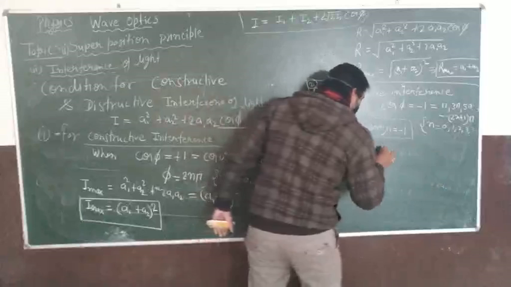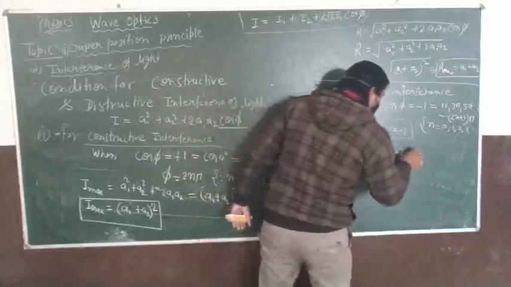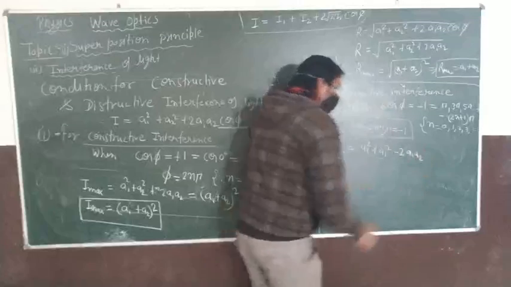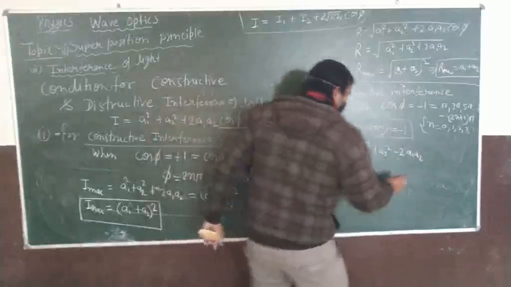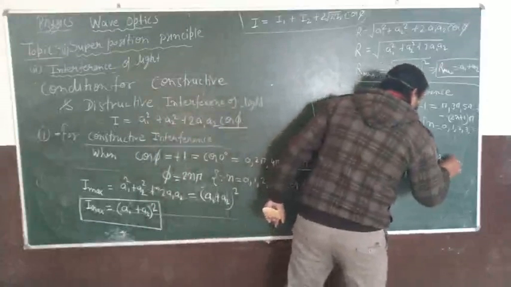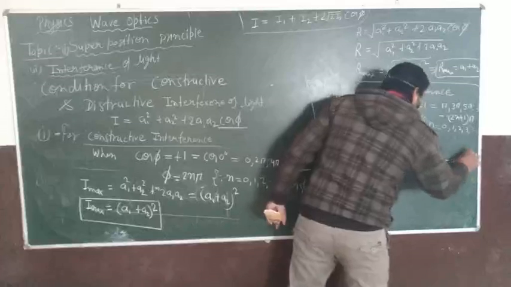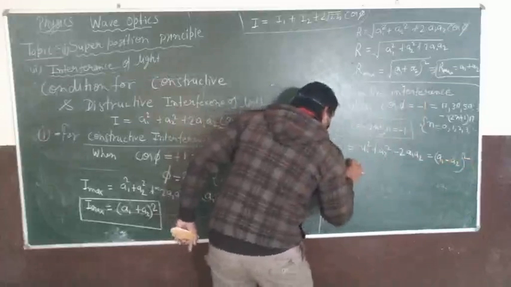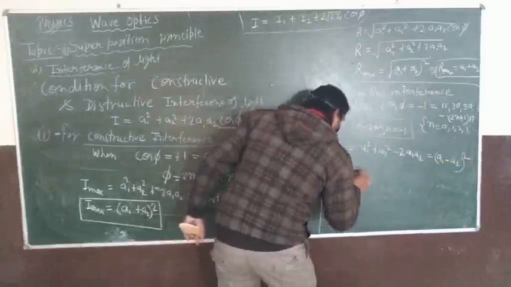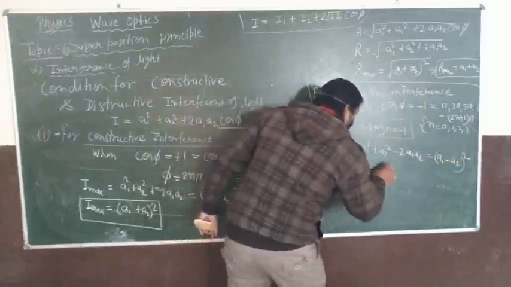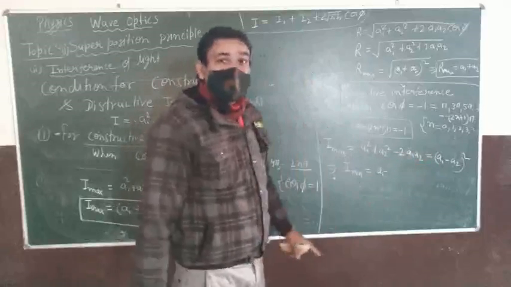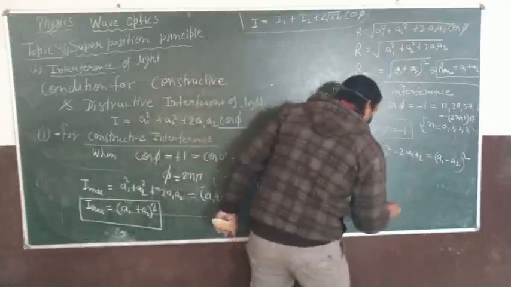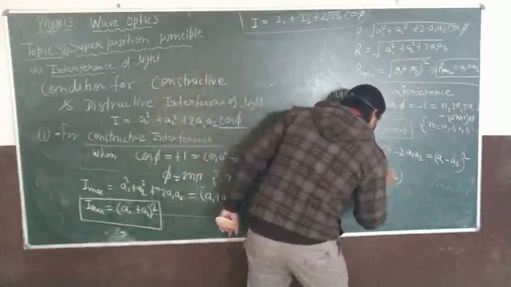That is A1 square plus A2 square minus 2 A1 A2. Now this is the formula of A1 minus A2 whole square. Therefore, the minimum intensity of light is the square of the difference of the amplitudes of each wave.